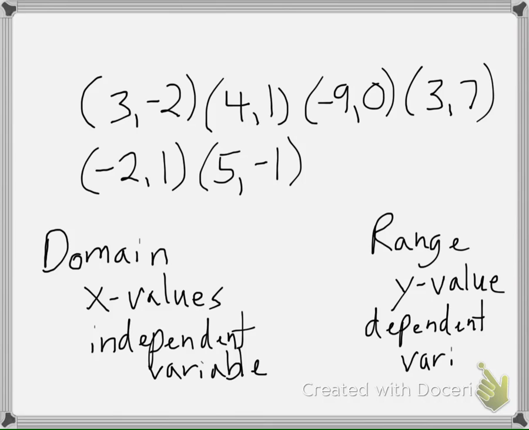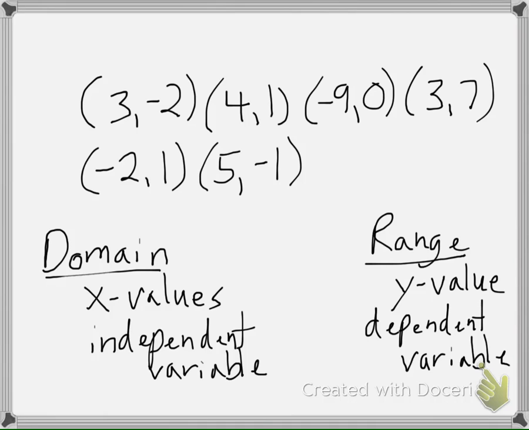The reason they're known this way is because most often when we have an equation, one thing depends on the other. For instance, you might say the amount of money you get paid depends on how many hours you work. So the number of hours you work would be your domain. That's what you choose. You choose how many hours you work. The range is what you get paid, which depends on how many hours you've worked. So that's our dependent variable.